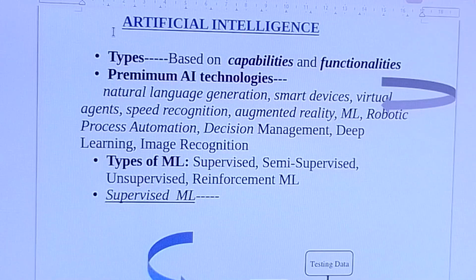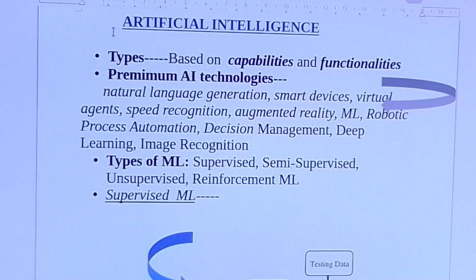So there are three categories, as I've discussed, of artificial intelligence based on the capabilities of the machines or devices. Those are narrow AI or ANI, general AI or AGI and super AI or ASI.